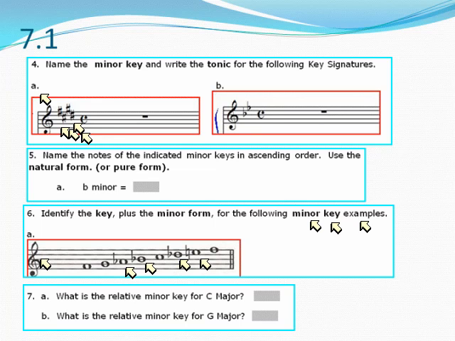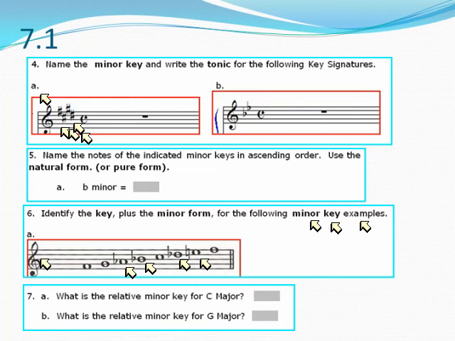It probably got raised up. So what minor key has A flat, B flat, D flat, and E flat? Oh, there it is.